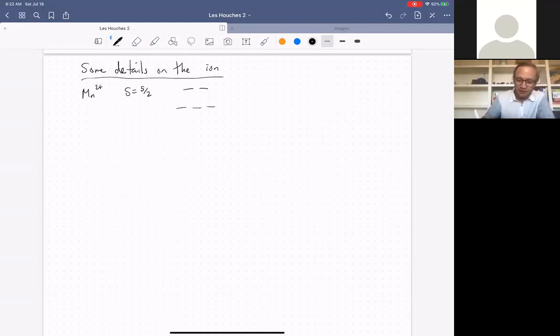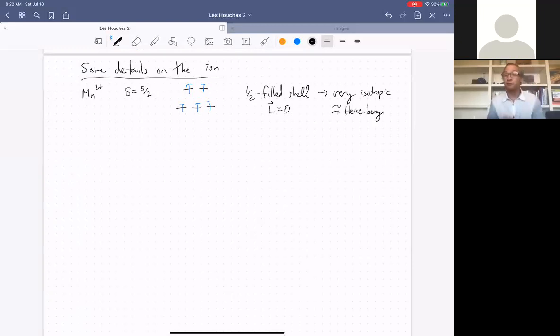If we think of octahedral coordination, this corresponds, it actually doesn't depend that much on coordination, but this is 5 electrons out of 10 possible d orbitals. It's a half-filled shell. It forms the largest possible spin according to Hund's rules. It has 0 orbital angular momentum. And because of this, it's very isotropic. So we should expect, to a very good approximation, Heisenberg isotropic spins.